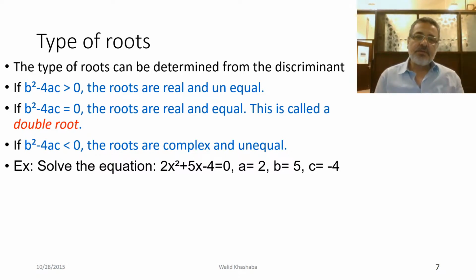For x squared, it is positive 2. For x, its coefficient is positive 5. But for c, the constant, it's negative 4. And of course, you can substitute in the rule to find the two values of x. You may pause and solve it using the previous rule or formula.